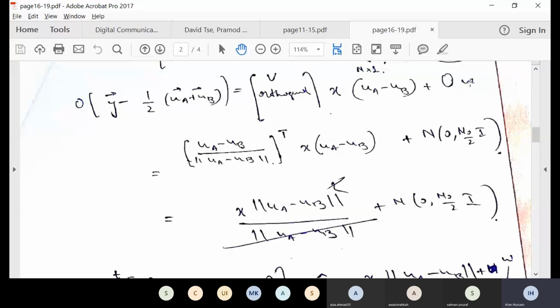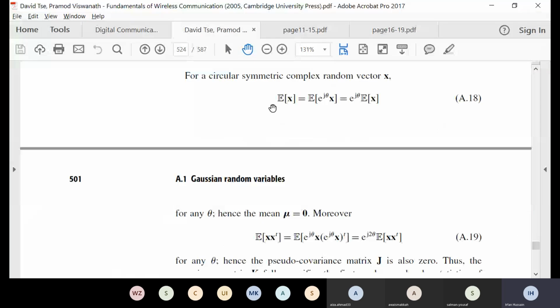This has actually been discussed. If you remember, we had seen that a Gaussian vector is invariant with respect to rotation.